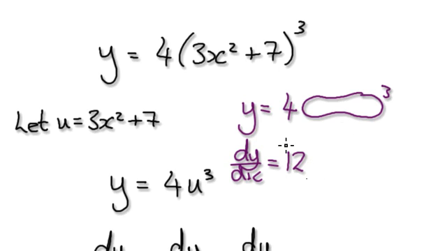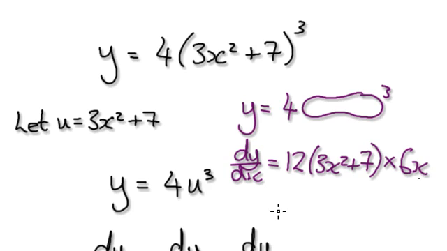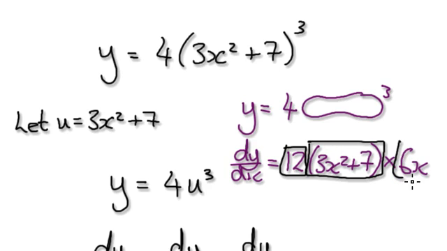So 12 bubble intact, so the bubble intact, and then times, and then differentiate the bubble itself. So that would be 6x. Now you've got this thing multiplying with this thing here, multiplying with this thing here. So just merge the 12 and the 6x together. When we come to do this, just do it in one go.